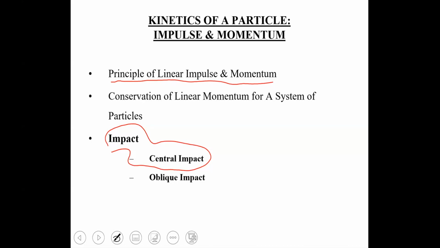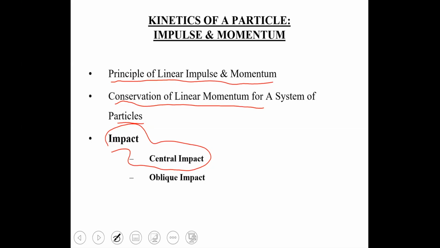Then in the next topic, the conservation of momentum principle, we considered the interaction between two particles, since this principle is always applied when two particles interact or collide with each other. The condition for applying this principle is that there should not be any external impulsive force acting on the system during that interaction.